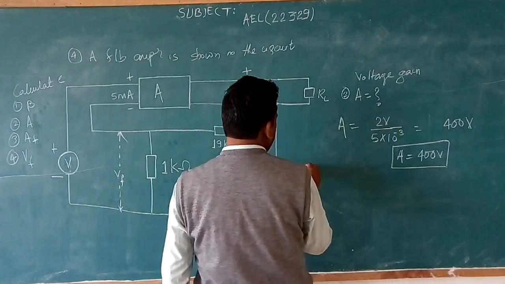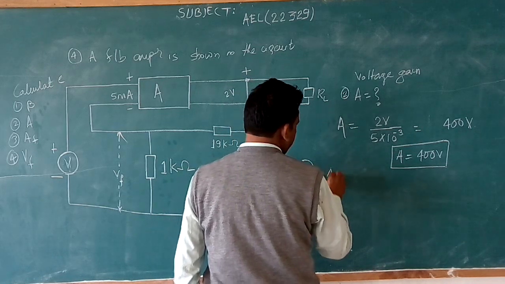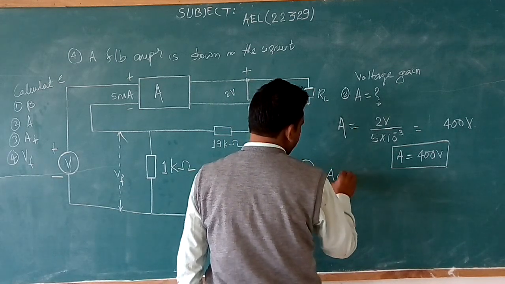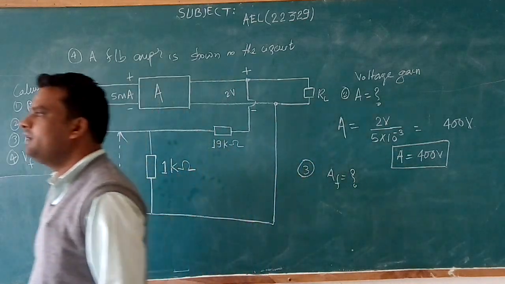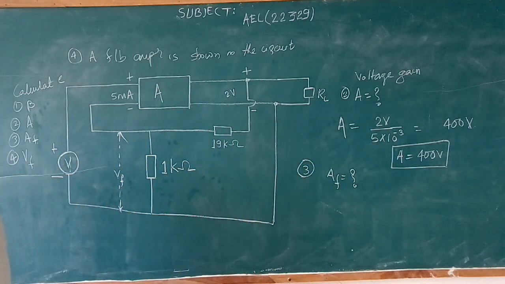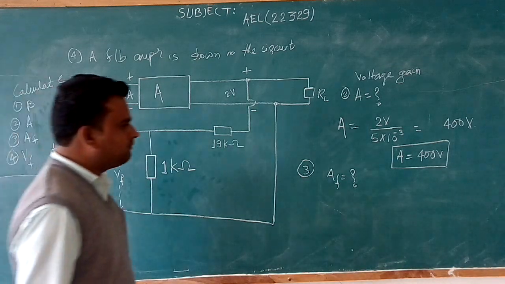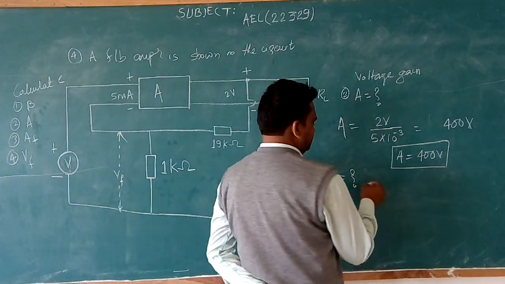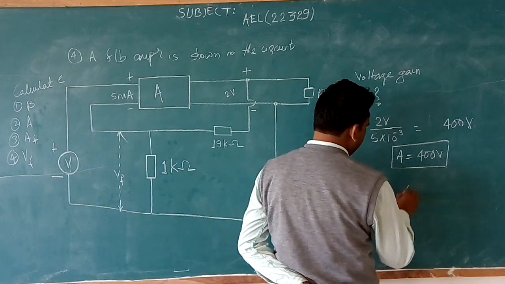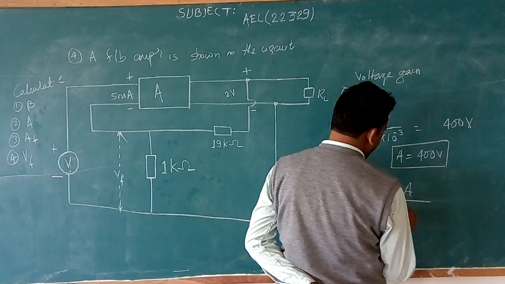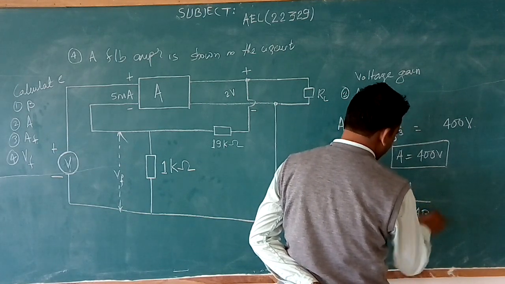Then the third value: we have to find the voltage gain with feedback, Af. It is given by Af equals A divided by 1 plus A beta.